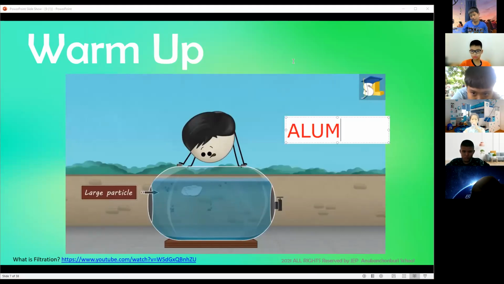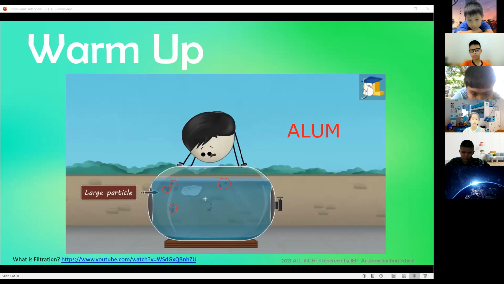Now, what does that alum do? These particles here are very, very small. When mixed with water, we cannot even see them. These are the dirt. The water is dirty, right?